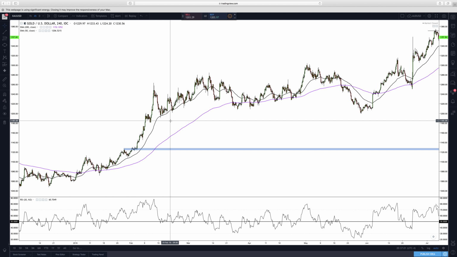Now, I'm going a little bit off track here, but I'm going to state this for you guys. You don't have to necessarily follow my strategy exactly the way I do it, or use all of the tools that I use as confirmations.